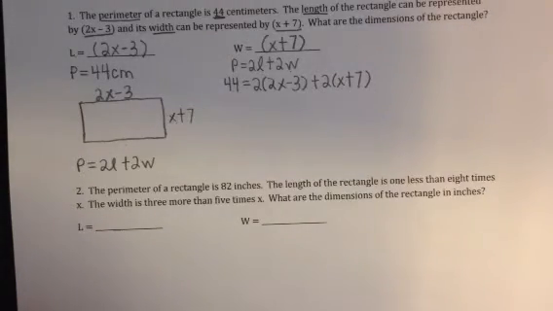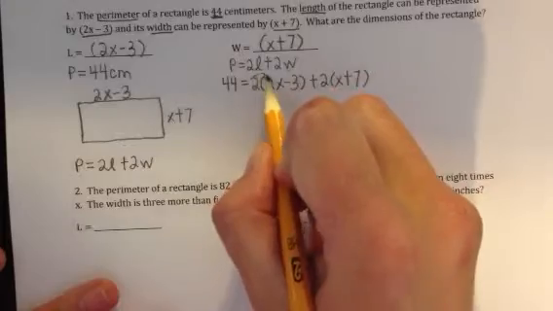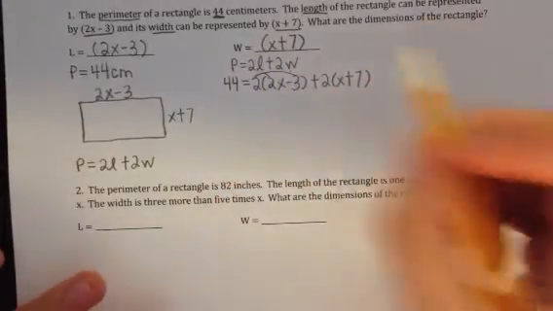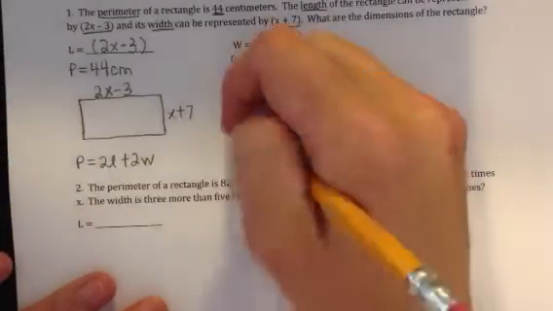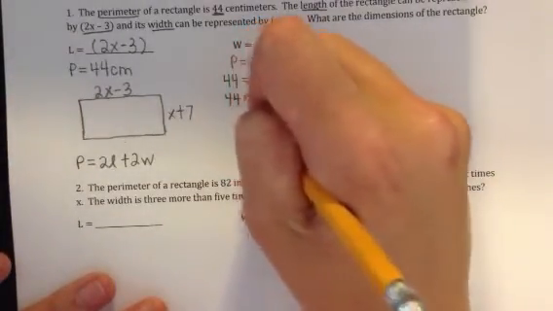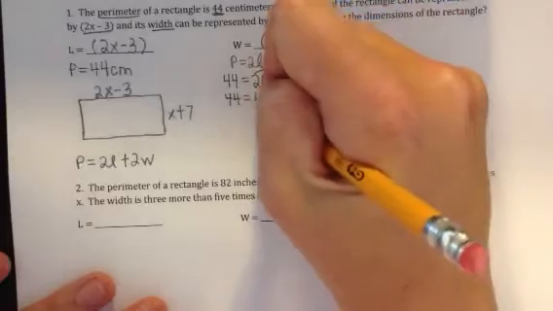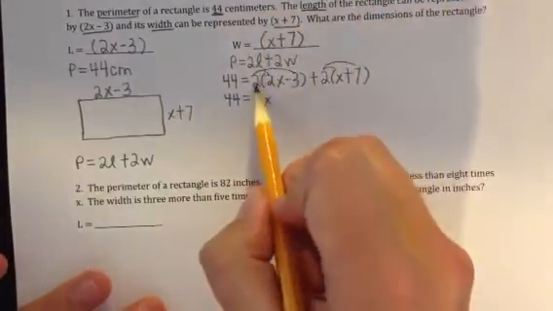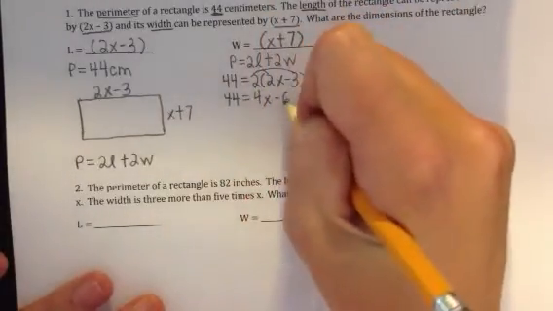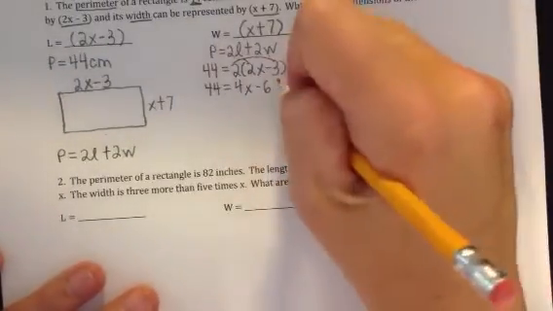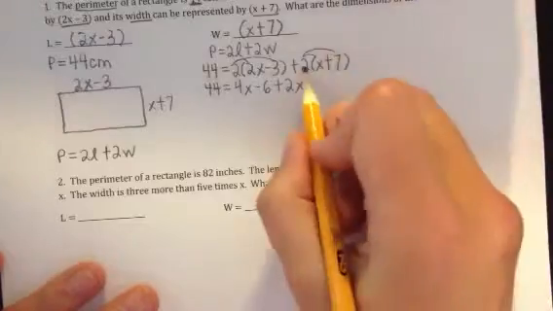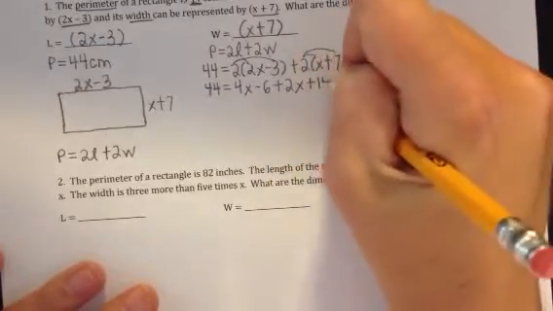And first things first, I'm going to use PEMDAS. So that means I need to distribute that 2 into that first parentheses and this 2 into the second parentheses. So that would leave me with 44 equals 2 times 2x is 4x, 2 times negative 3 is negative 6, and then over here I've got 2 times x, which is 2x, and 2 times 7, which is 14.